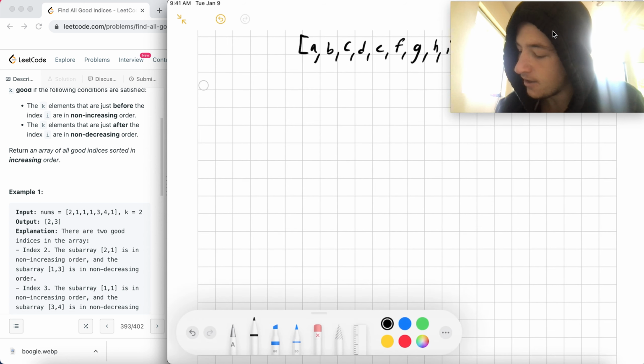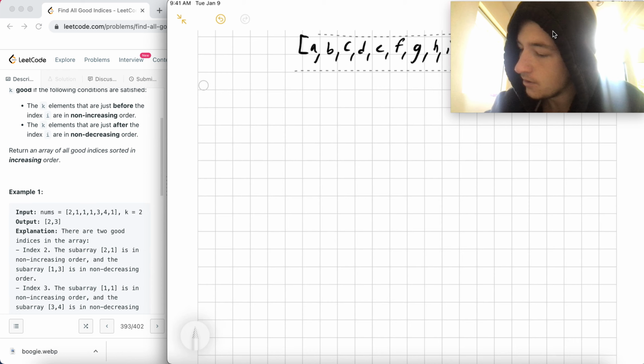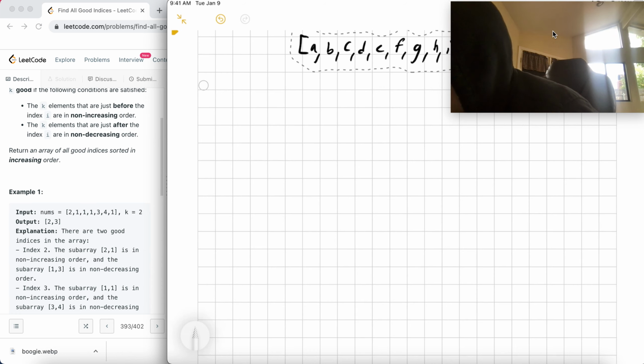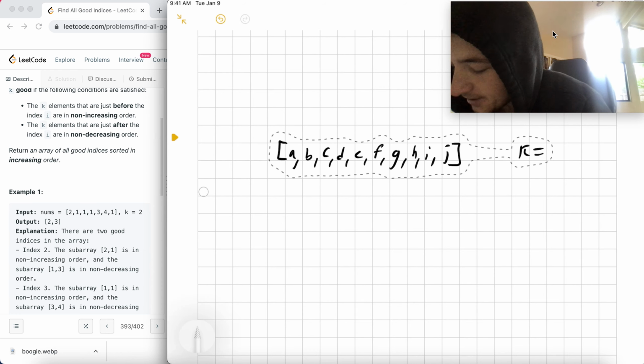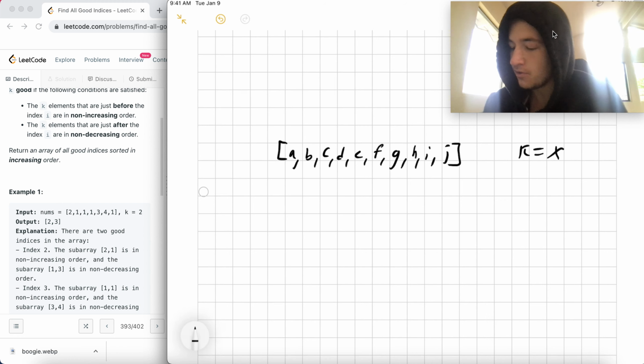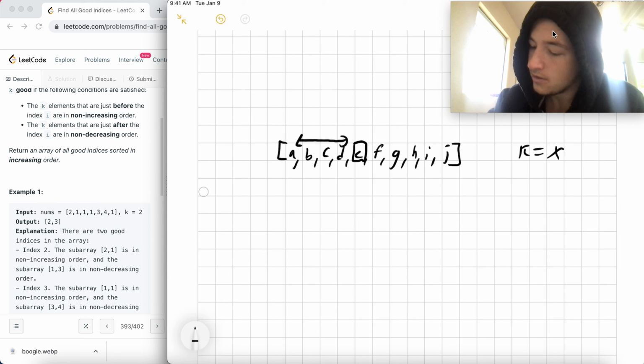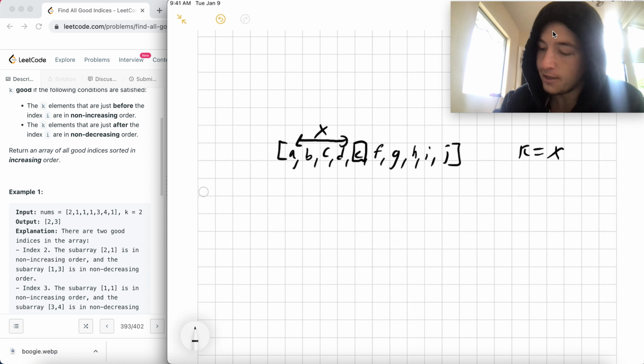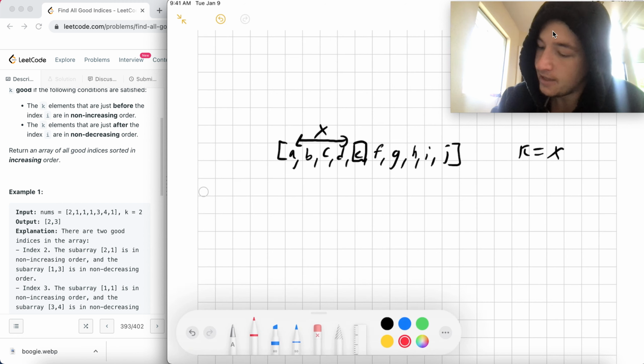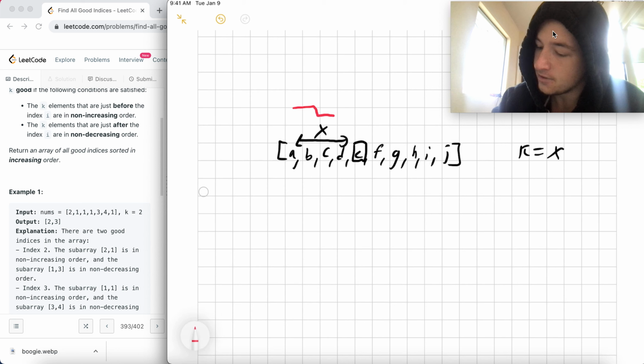For that k value, this index E is good if the k values that come before E are non-increasing. So that would mean that they have some form like this.